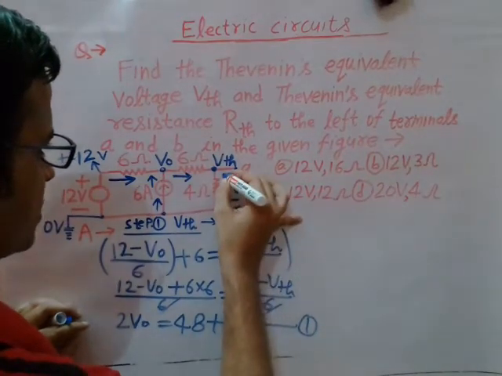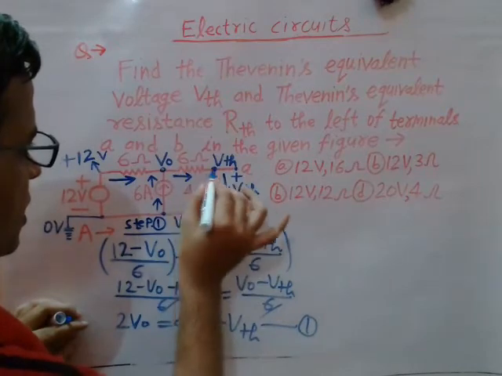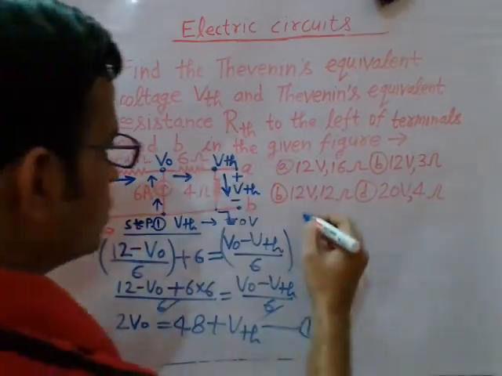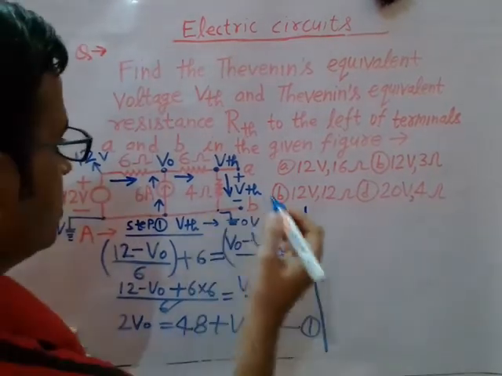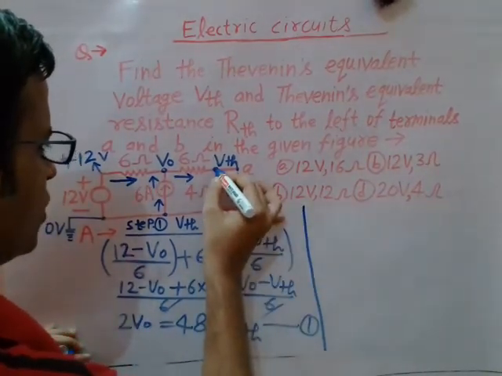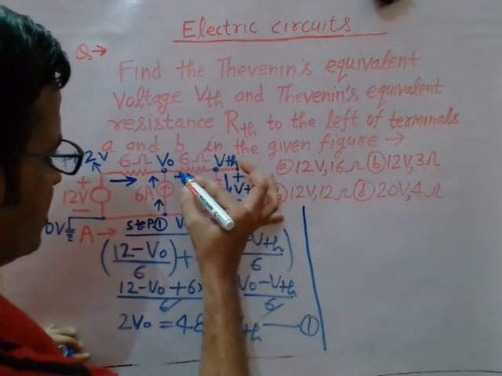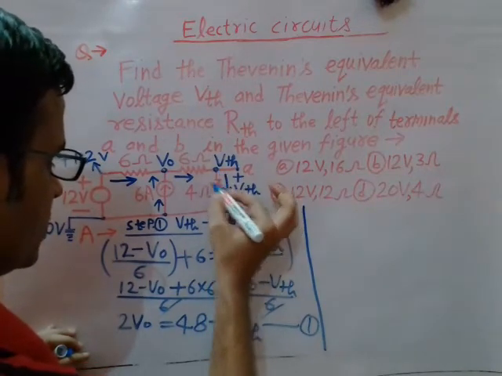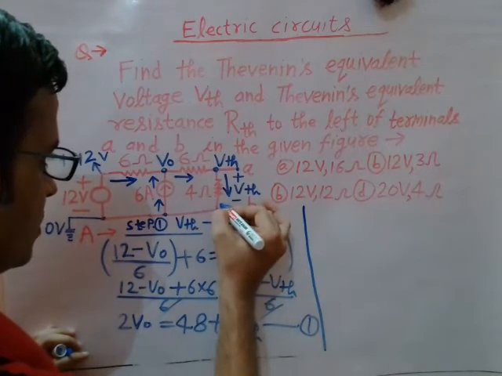So suppose the current is flowing like this, from this node. This current is the incoming current, this is outgoing current, right? So have a look at it. So I'm going to apply Kirchhoff's current law at this node, right? So algebraic sum of all the incoming current is equal to algebraic sum of all the outgoing currents. So this is incoming, this is outgoing, this is incoming, this is outgoing, right?